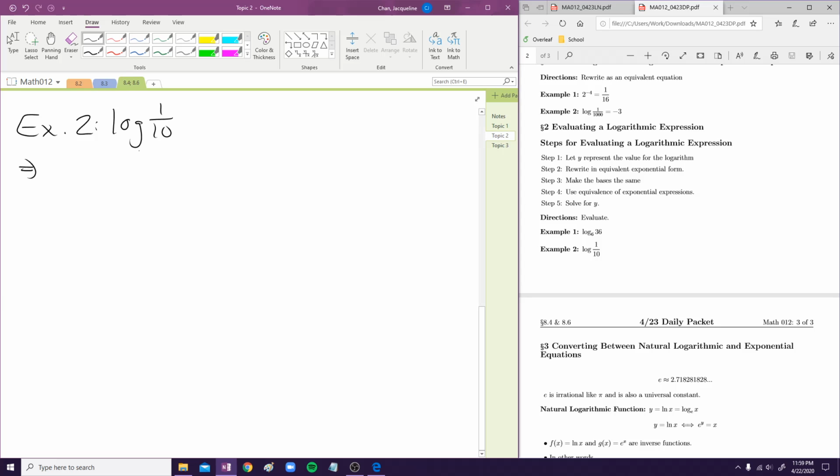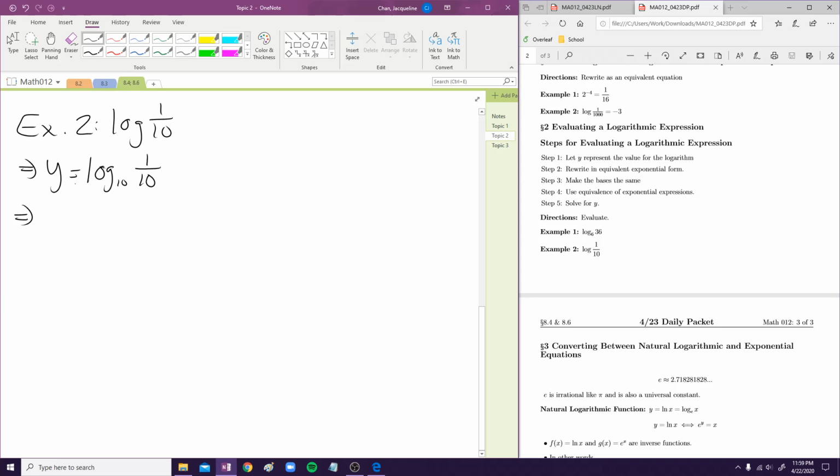But in order to do that, I have to let this equal to something in order for us to use its equivalent form. So let this equal y. Since there's no number here, what is our base? Our base is 10. When we rewrite this, you can also put 10 if that helps you. If you don't want to, that's fine as well. Just whatever makes this easiest for you.